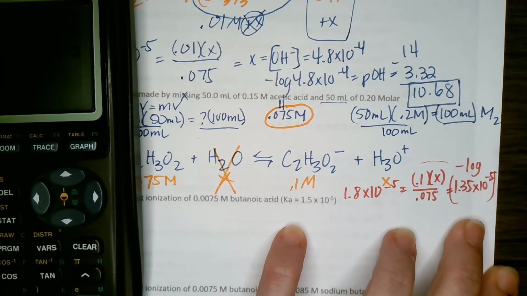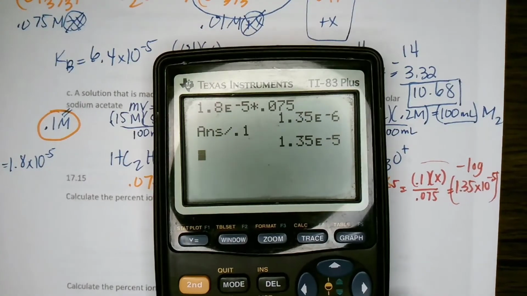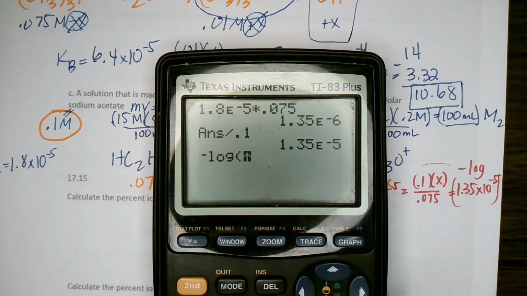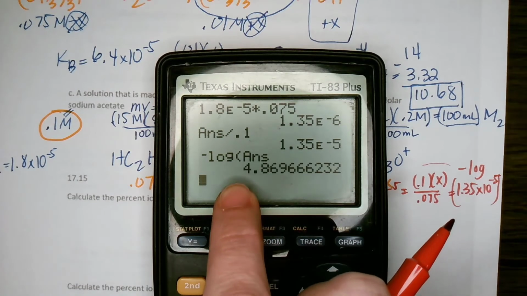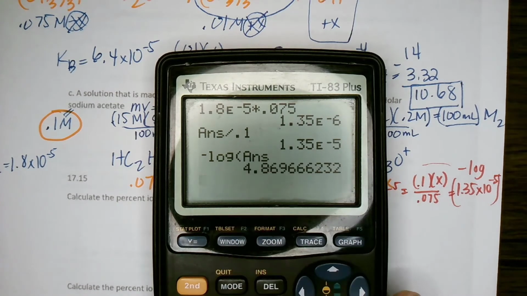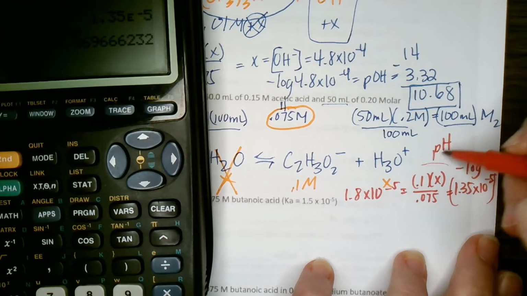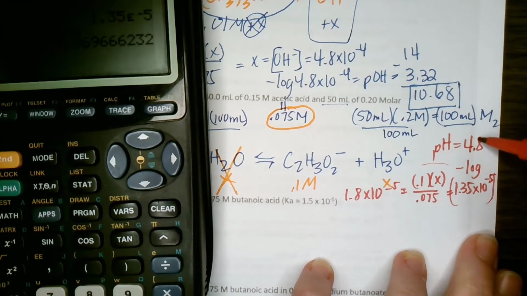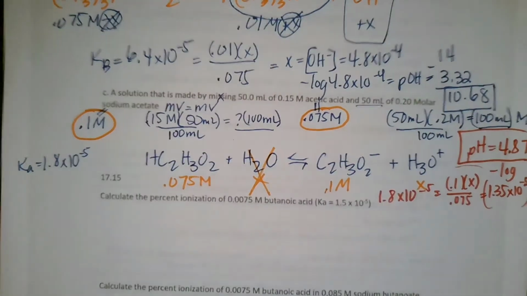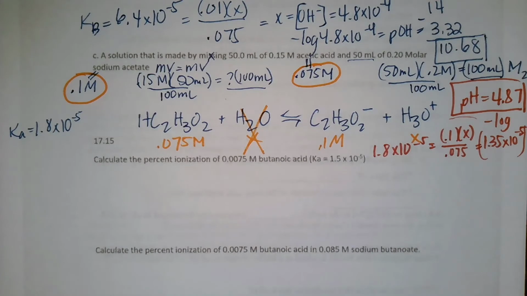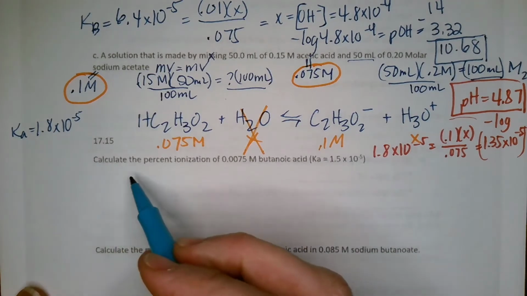Now, the negative log of this will give me my pH. So I'm going to do the negative log of my answer to get a pH of 4.87. So my pH, 4.87 pH units.